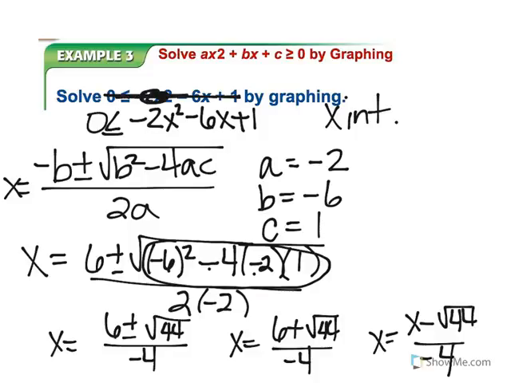Oh, that's not an x. What's wrong with me? That should be a 6. Now, if we plug these into our calculators, this is approximately -3.16, and then the other one is approximately 0.16.